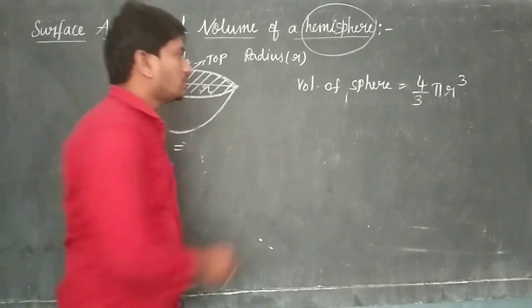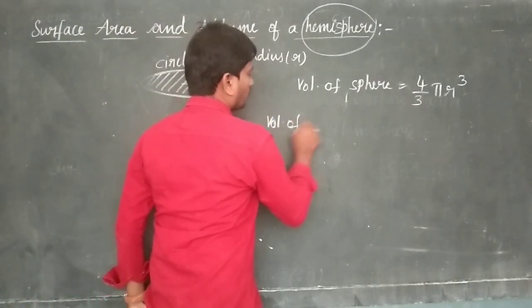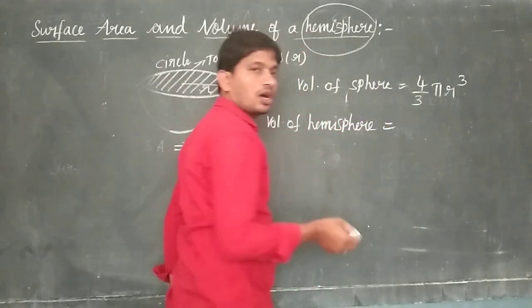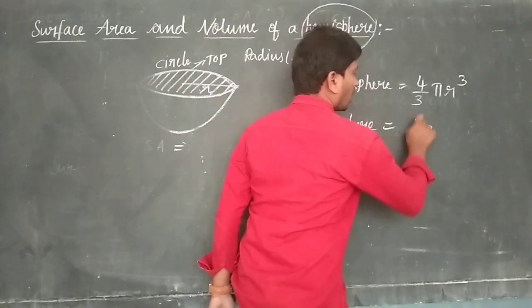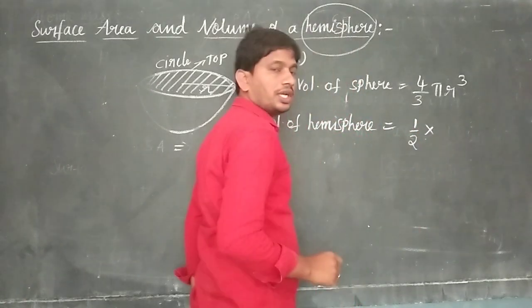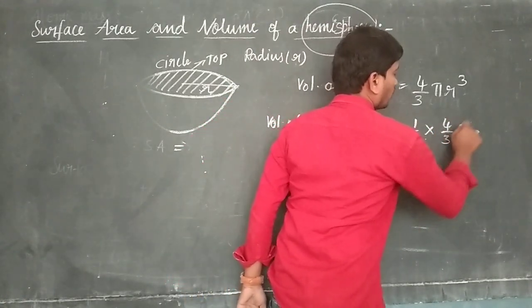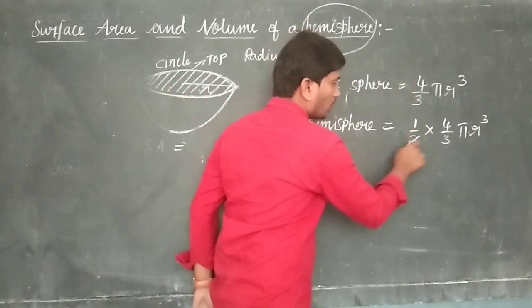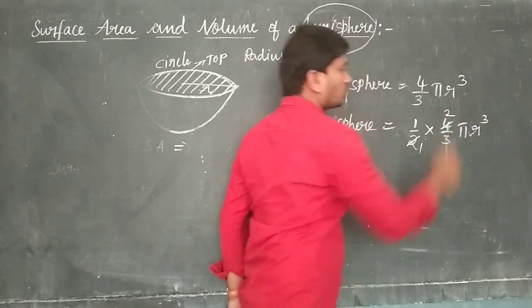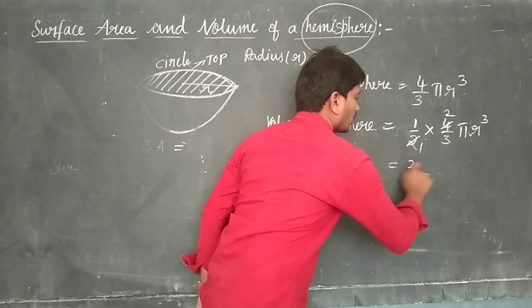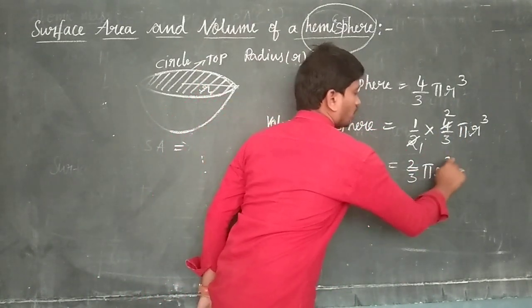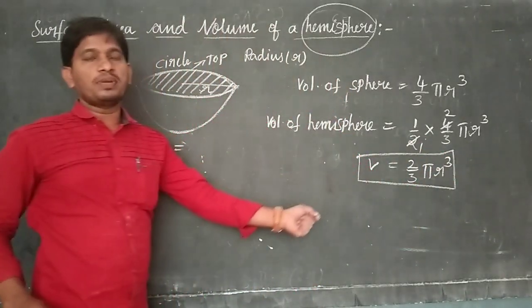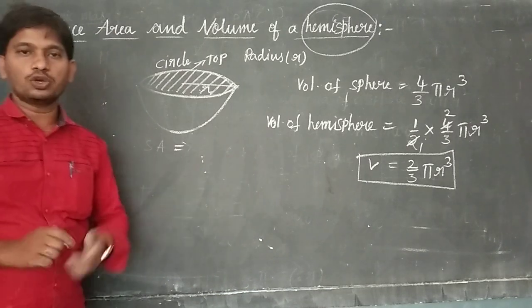Therefore, the volume of a hemisphere is half of the volume of a sphere. Half means 1 by 2 into 4 by 3 pi r cube. Let me cancel: 2 ones are 2, 2 twos are 4, that is 2 by 3 pi r cube. So the volume of a hemisphere is 2 by 3 pi r cube.